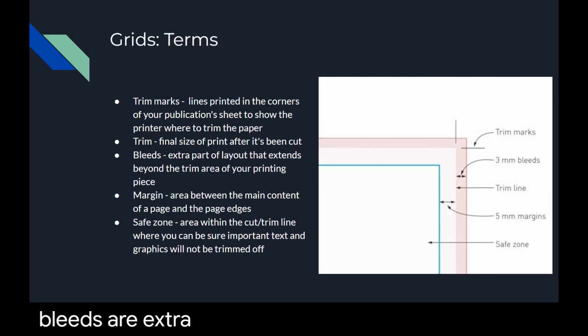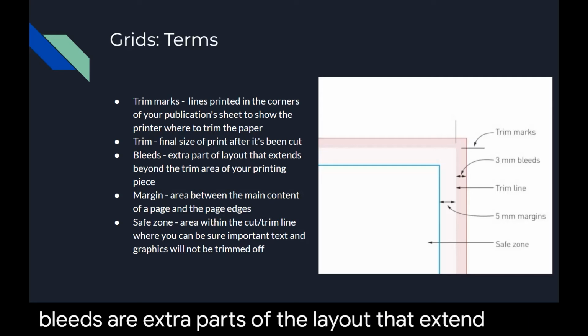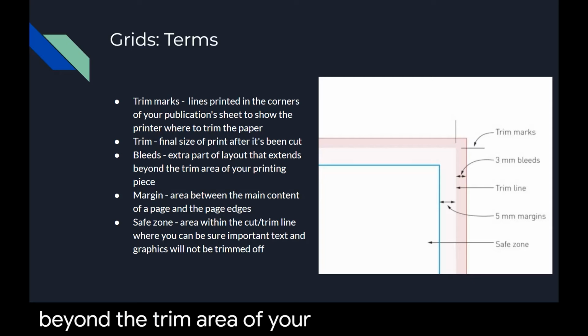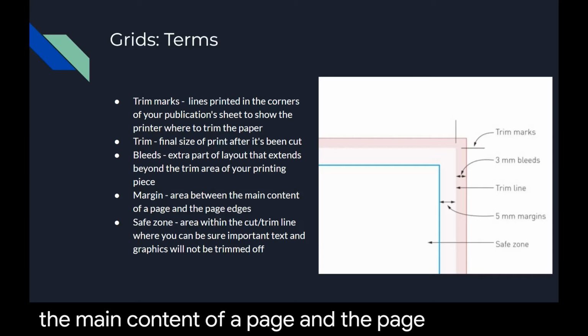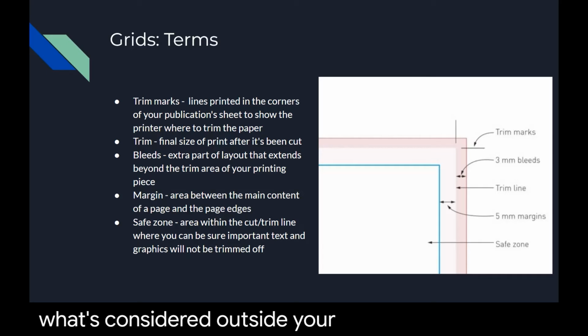Bleeds are extra parts of the layout that extend beyond the trim area of your printing piece. So you know that the bleed is not going to be shown because it's cut off. Margins are the areas between the main content of a page and the page edges. So your margin is what's considered outside your safe zone.